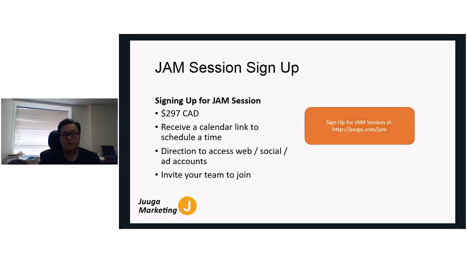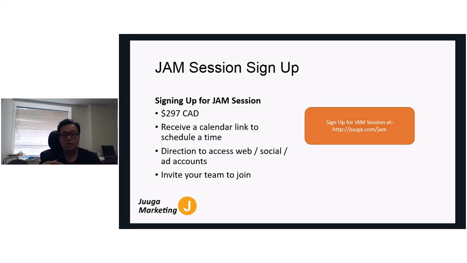So the jam session is a 90-minute project for you and me. What we need is for you to sign up, and it's $297. Okay. After you sign up on the website, juuga.com/jam, you're going to receive a calendar link so that you can schedule a time. And we'll start sending you a worksheet.